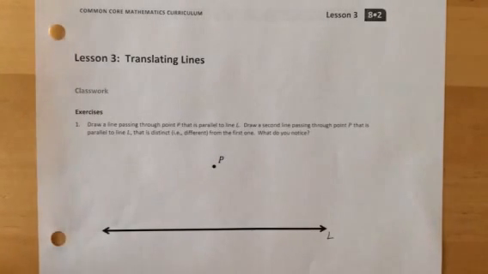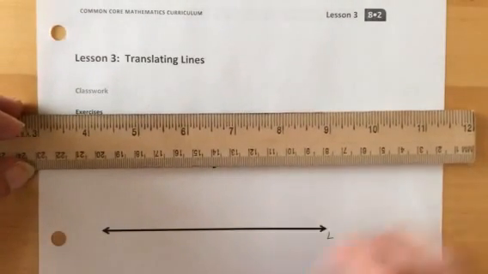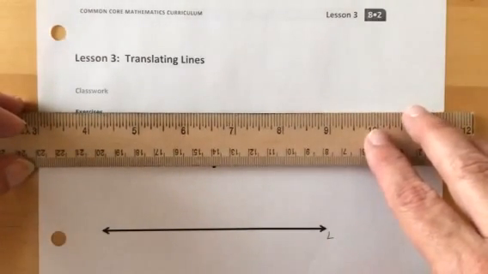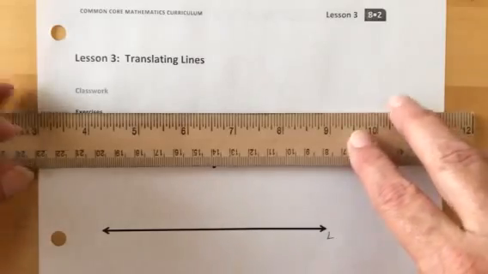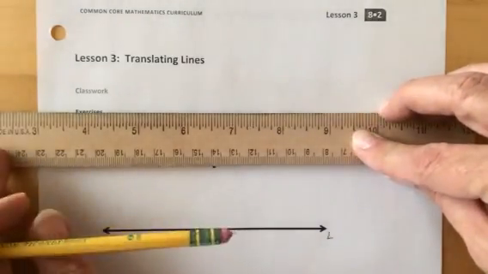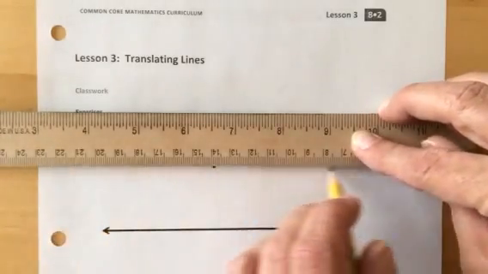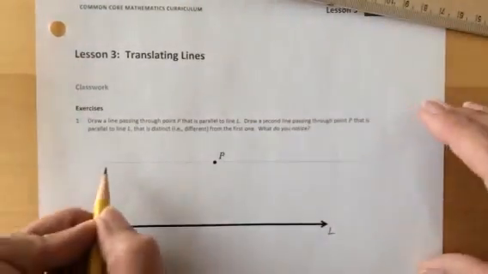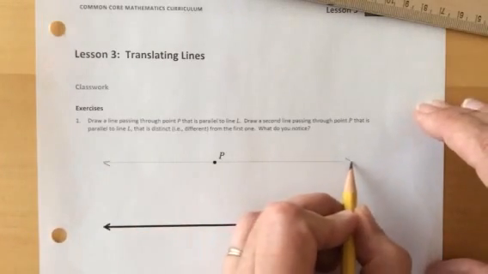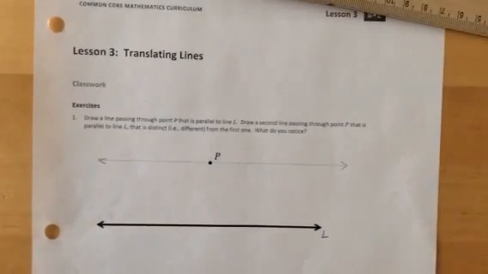All right, so if I was going to do this, I'm going to use a ruler and draw a line parallel. What I'm trying to do is make sure that this line is equidistant from the other line all the way around. So I'm just eyeballing it; I could measure and do that. Okay, so there's my line, and I'm saying it's parallel.